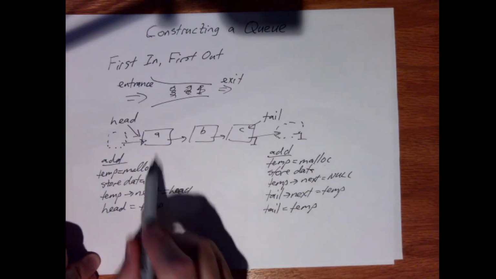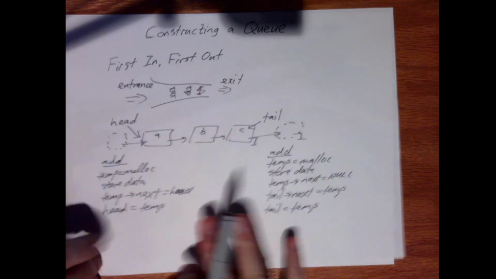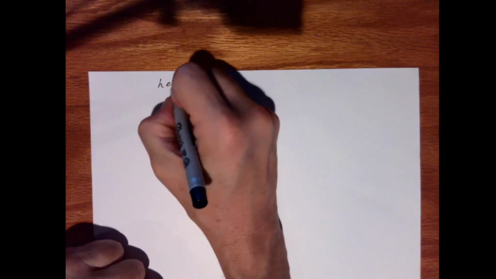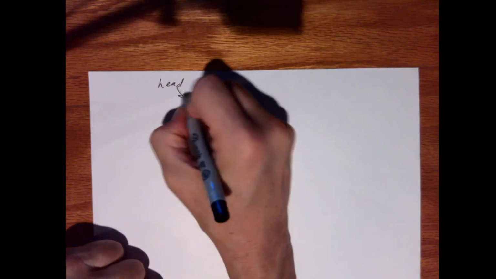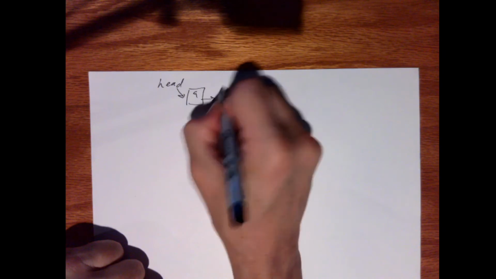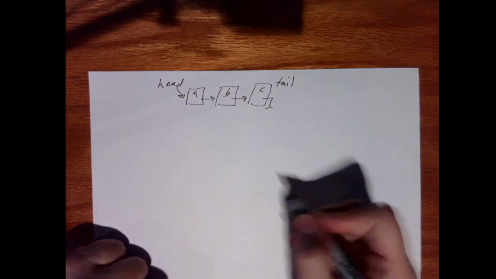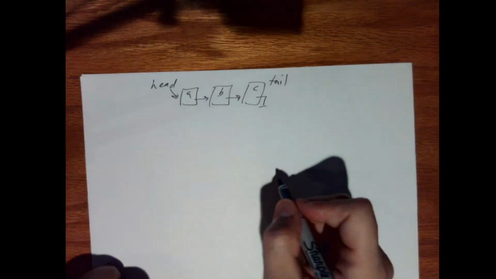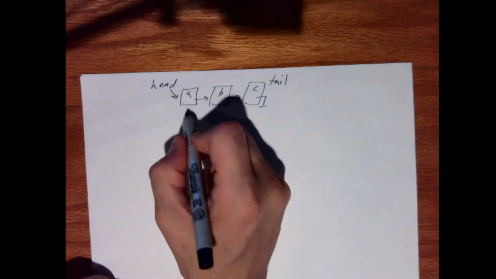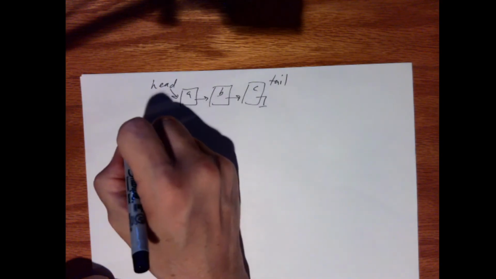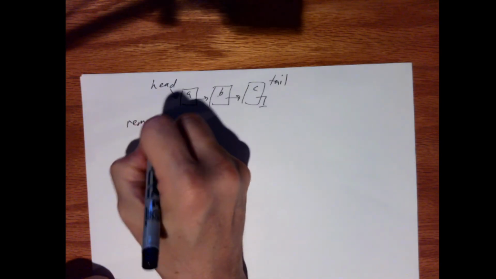Let's see what it takes to remove a node from one of the ends. All right. So let's create my linked list again. If I remove from this end, which means to remove A, it's going to be like in my stack model.